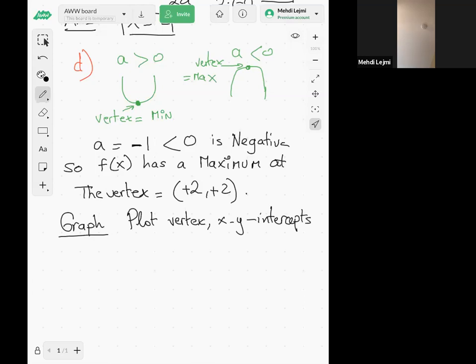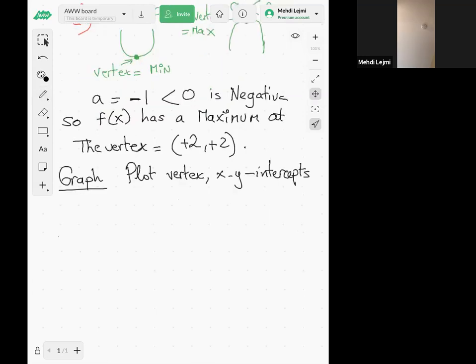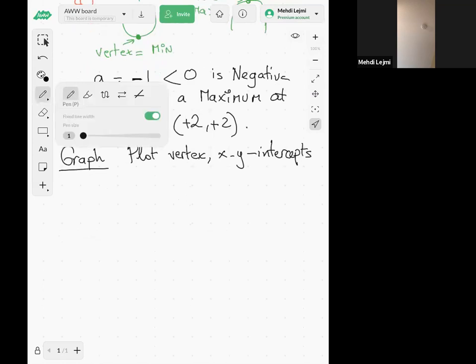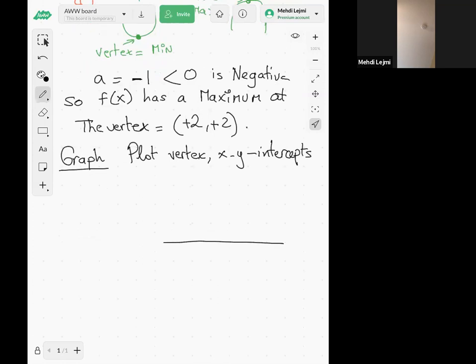I'm going to need +2 here, this is 1, 2. And then I need a y-intercept of 0, -2, so this is 1, 2, 3, and 4.